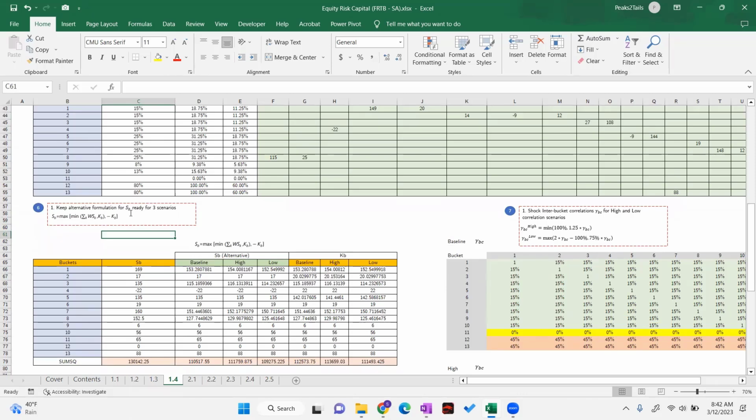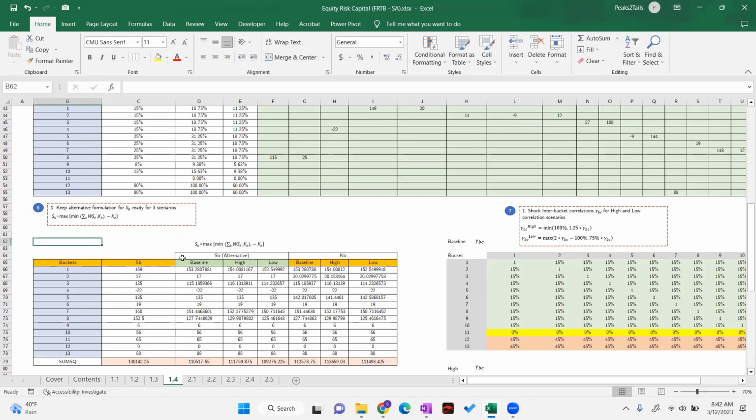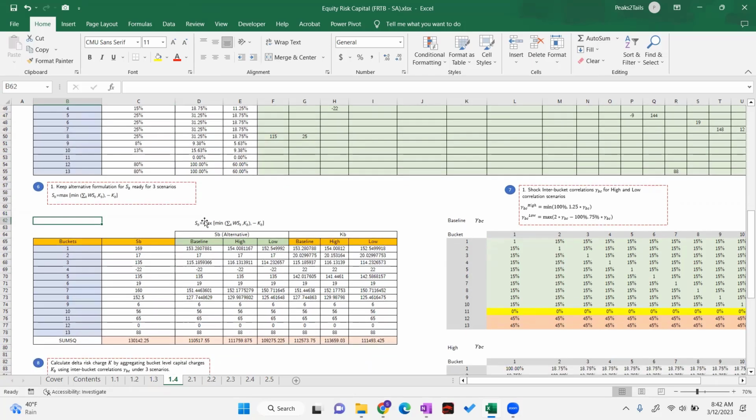For each bucket, I can just do a simple sum of all weighted net sensitivities across all risk factors. But you need to keep in hand the alternative formulation for SB. That will be used if a certain condition is true. So I'll show you the alternative formulation.